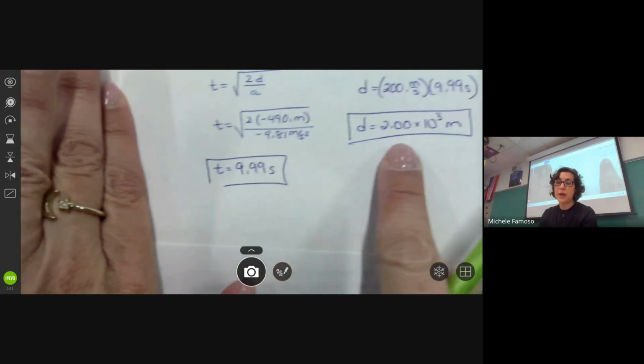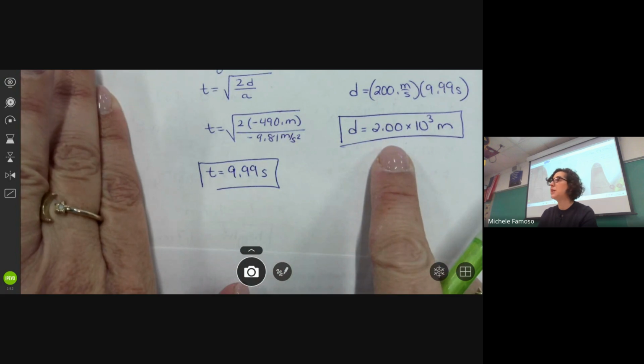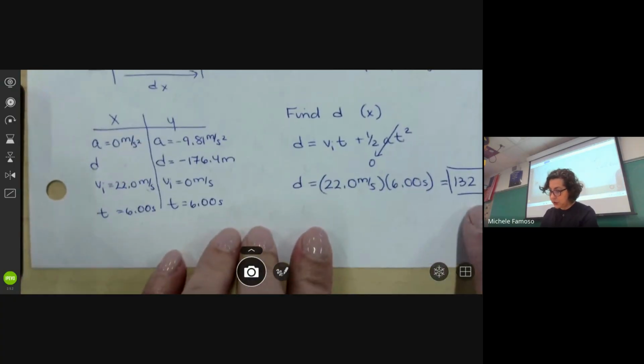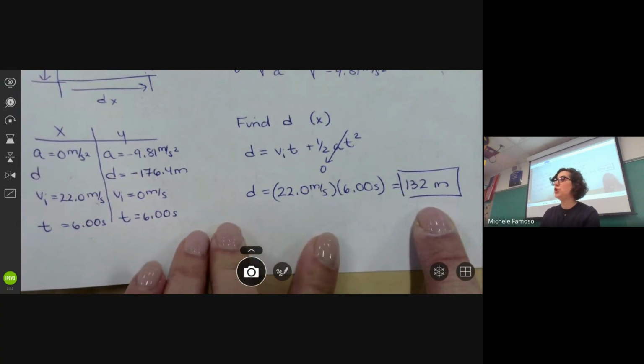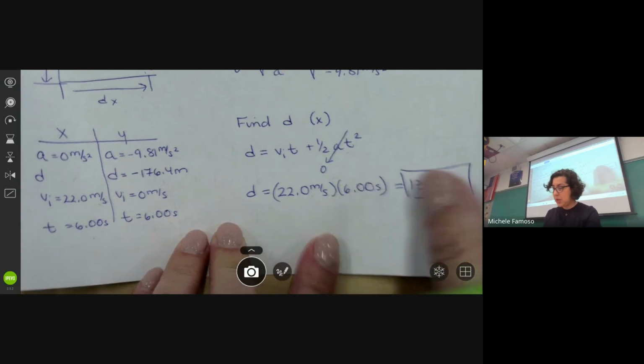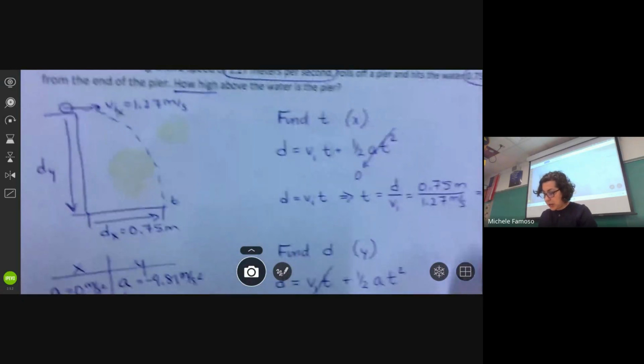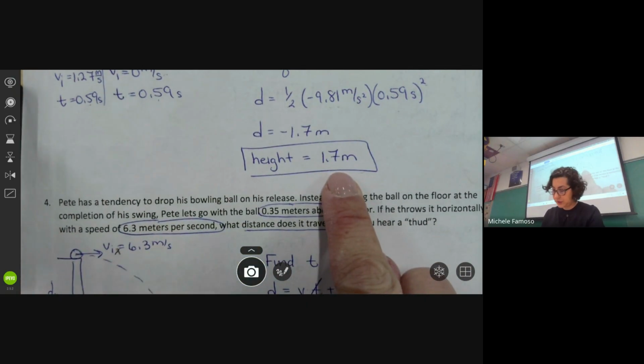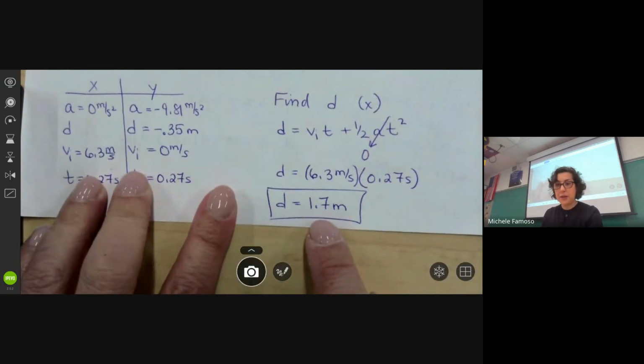In part B, the range is 2.00 times 10 to the 3 meters. In number 2, the final answer is 132 meters. In number 3, the final answer is 1.7 meters. And in number 4, the answer is also 1.7 meters. Do you want to go over any of those?